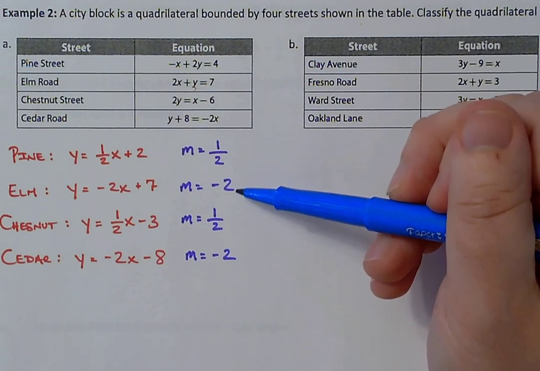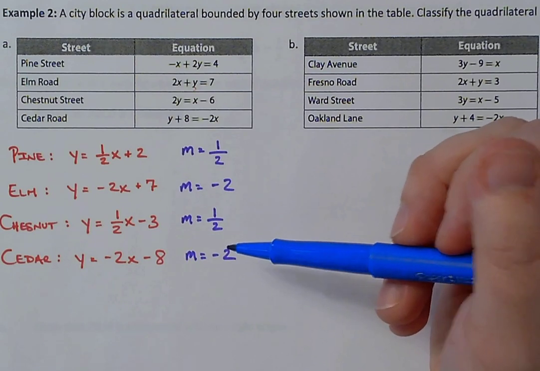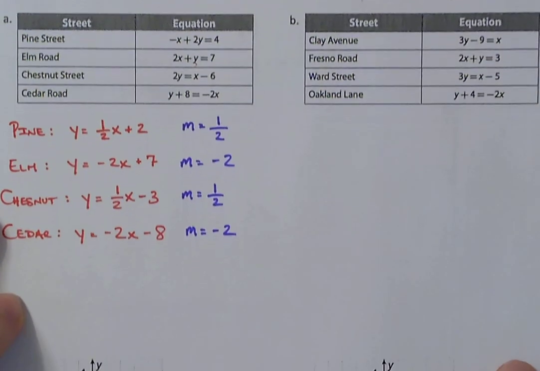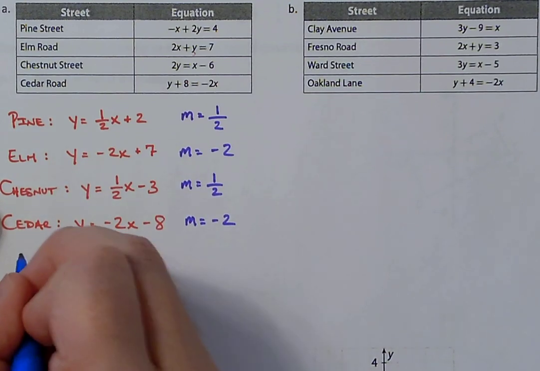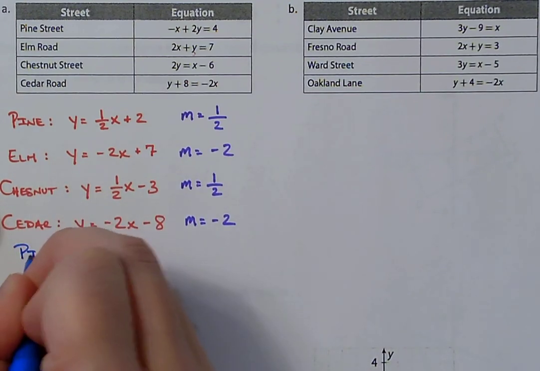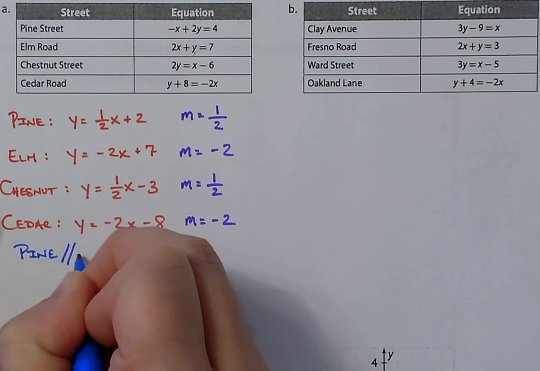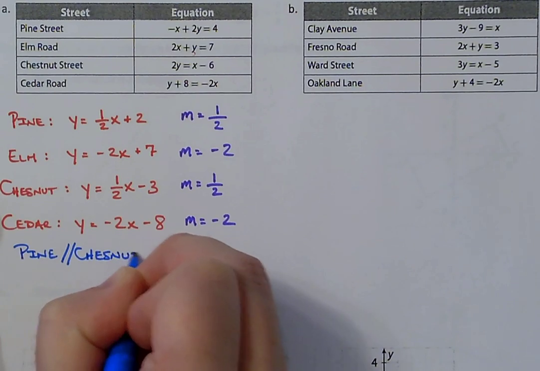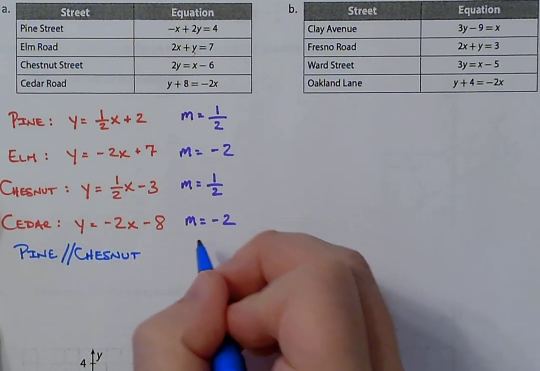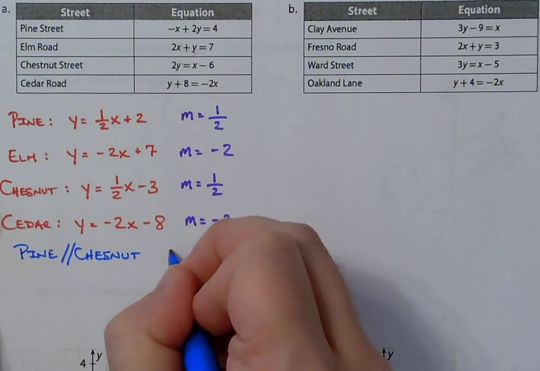So that means Elm and Cedar roads are parallel to each other as well. So to sum this up, we know that Pine is parallel to Chestnut, and we also know that Elm is parallel to Cedar.